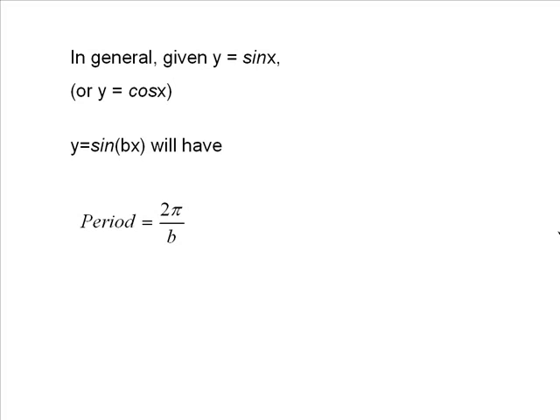If you wanted to do it in degrees, which occasionally you will, the period would be equal to 360 degrees divided by b. It will be indicated which you use, degrees or rads, but the majority will be in radian measure. And as I said, this is very important to get down. It's nothing new, but it's a slightly different way of approaching it, a little more direct.